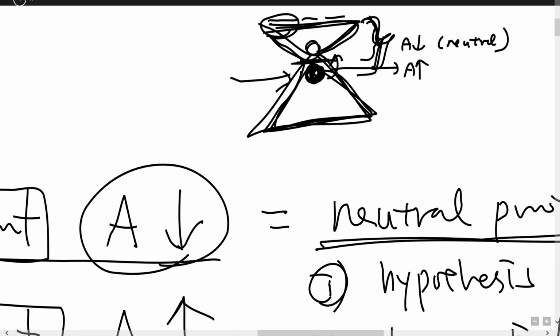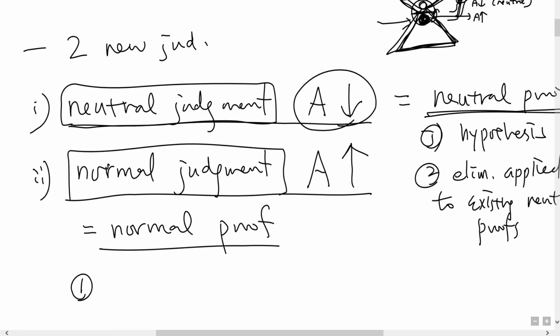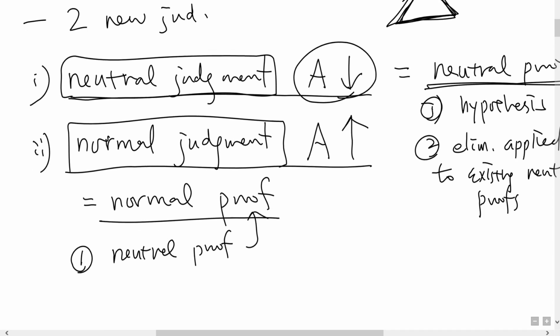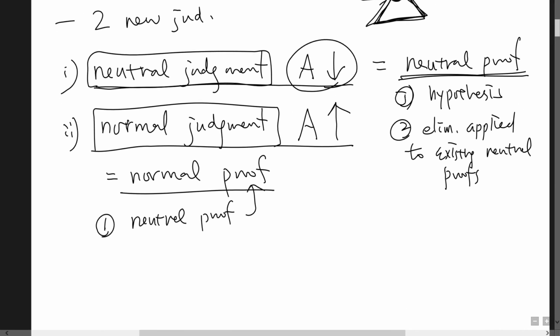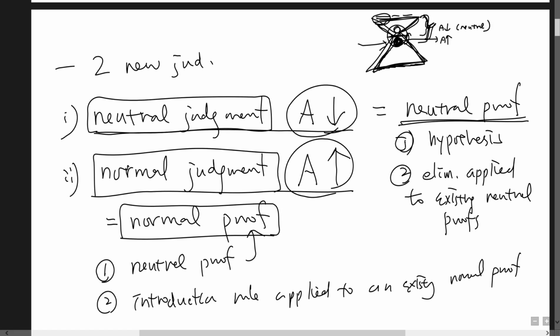So to account for this particular case, we define a neutral proof as a normal proof. Or it's an introduction rule applied to an existing normal proof. So this normal proof, or this A up arrow, is basically what appears in the lower half.